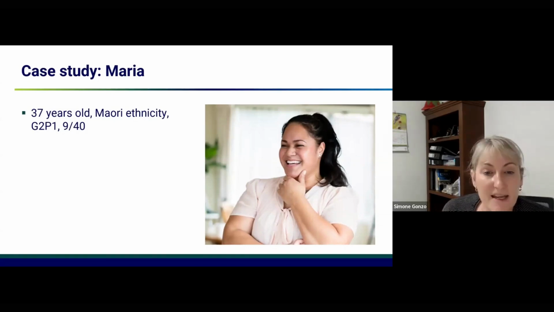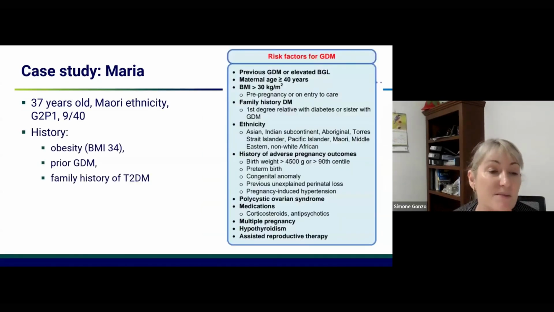We need to look at her history and her risk factors to see where she's sitting in terms of her diabetic risk or GDM risk. She has a BMI of 34, and in her first pregnancy, she also had prior GDM. There's a strong family history of type 2 diabetes as well.